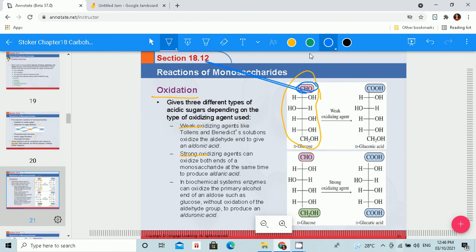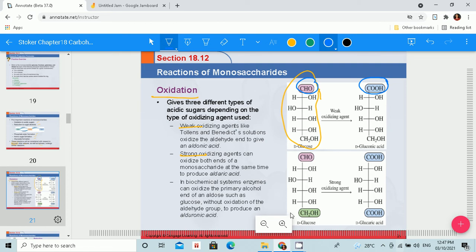When it is oxidized using Tollens and Benedict's solution, the aldehyde will become a carboxylic acid.